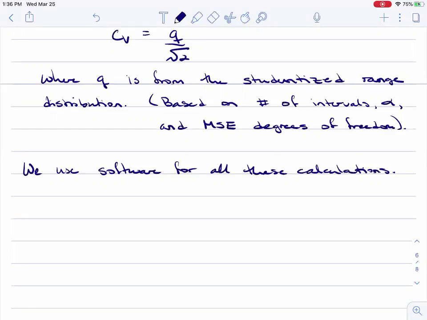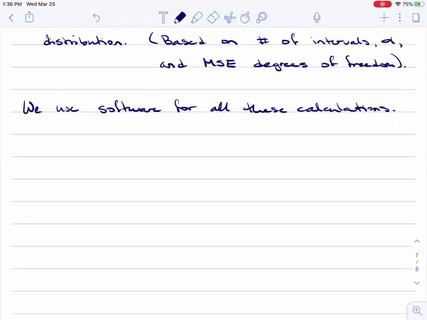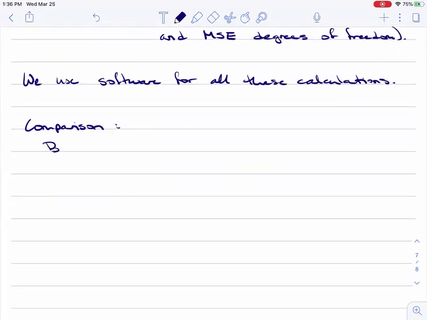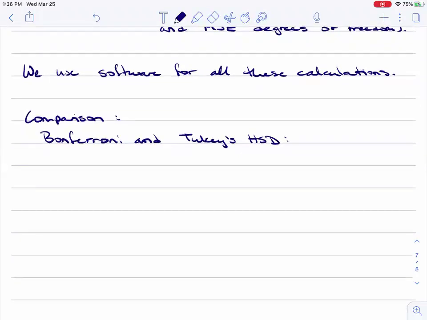Okay. So as a comparison of the three, just to wrap it up here, if we're looking at the Bonferroni and Tukey's HSD, we make sure that the overall type 1 error rate is low.